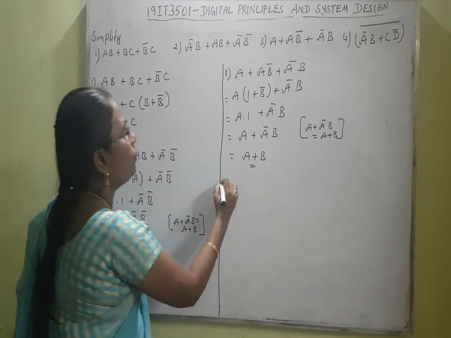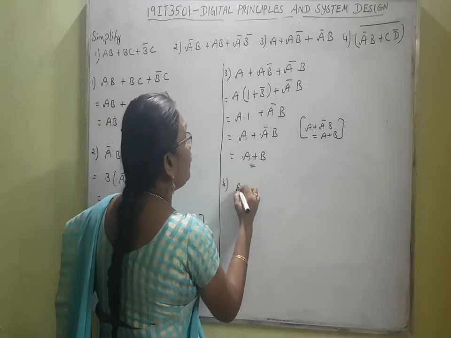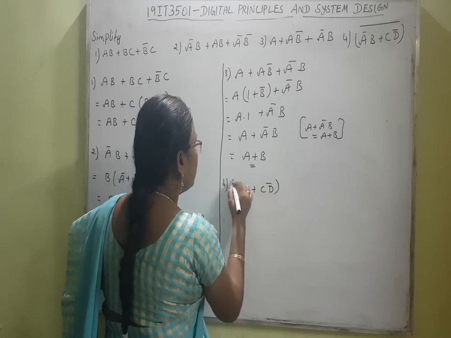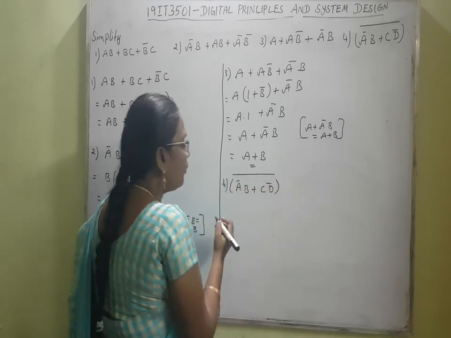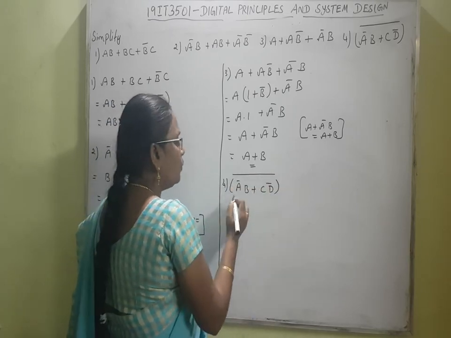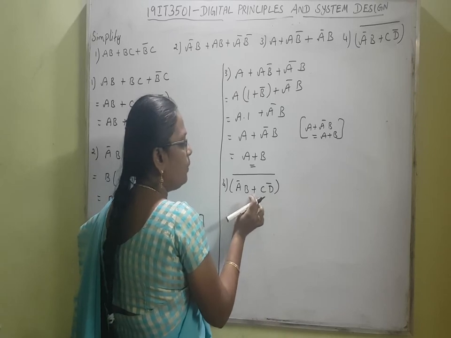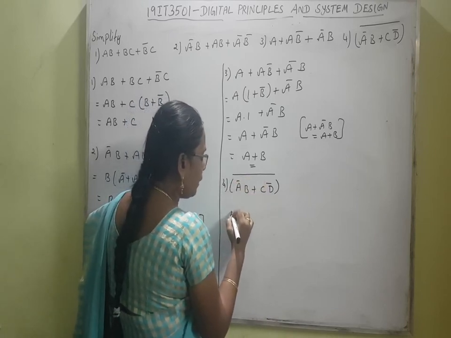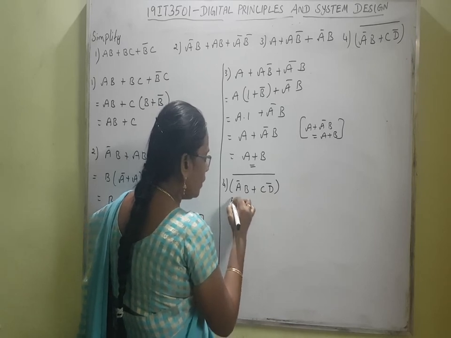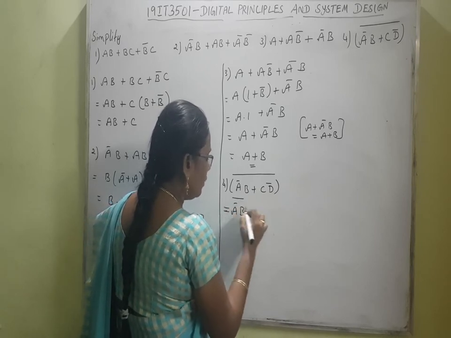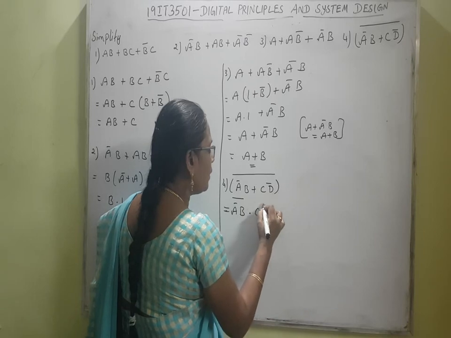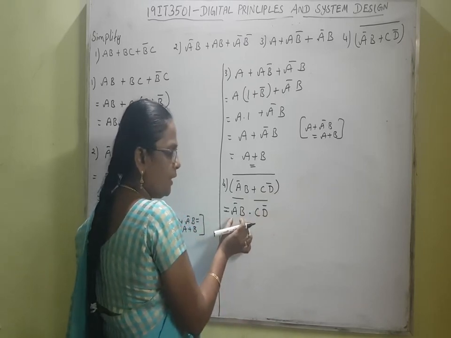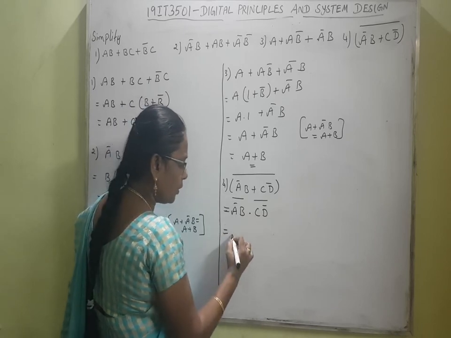Now the fourth one: A bar B plus C D bar, the whole bar. You have to apply De Morgan's law. First the sum becomes the product of the complements. So we will have A bar B the whole bar into C D bar the whole bar. Then we apply De Morgan's law again to each term.